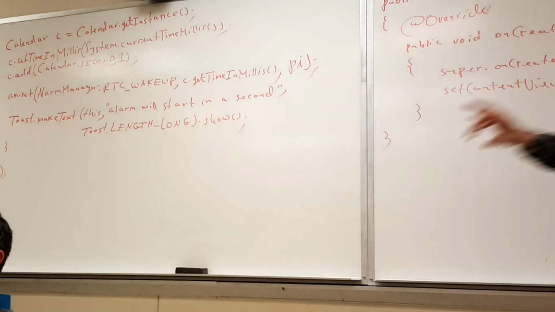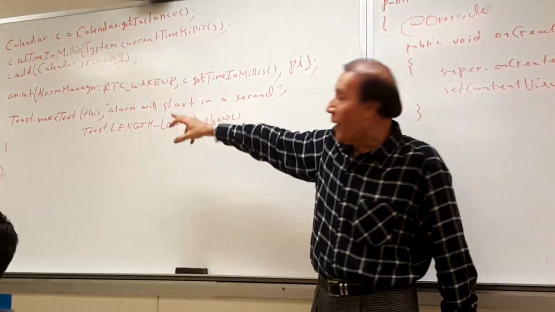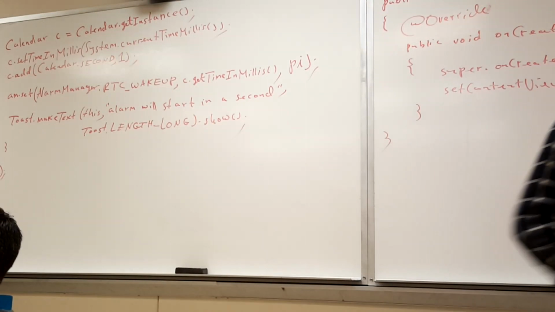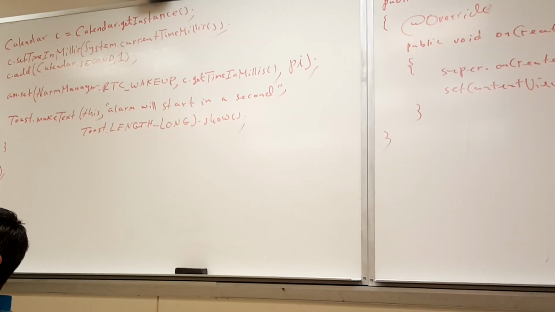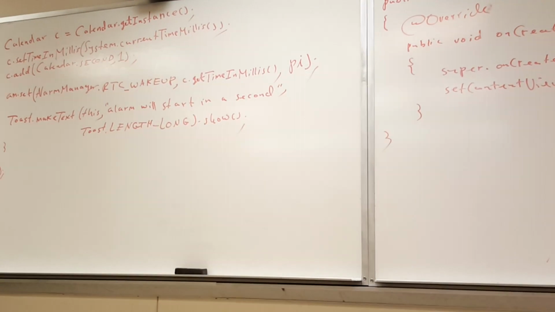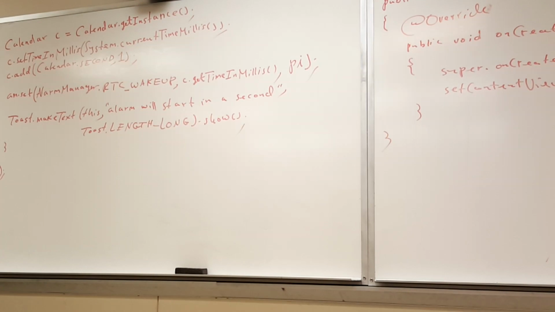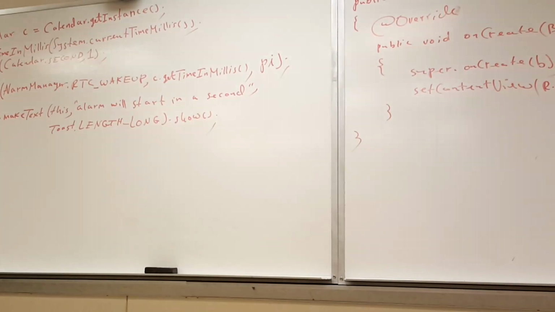At the same time, we're going to display a message for you that the alarm will start in a second. So after you wait for 1 second, you see a message comes up that says you have a doctor meeting or whatever. You have a meeting with such and such. And if you try it, it's working very nicely.